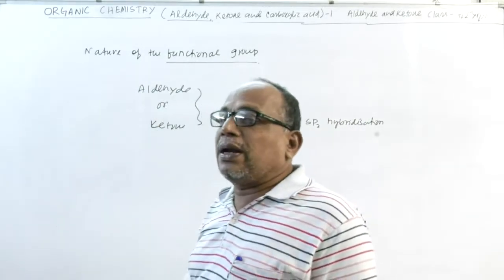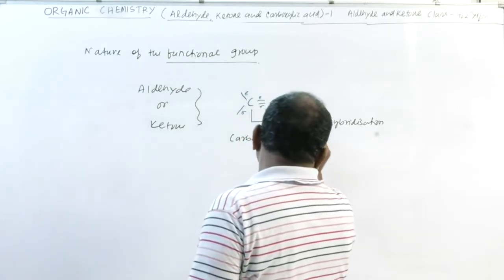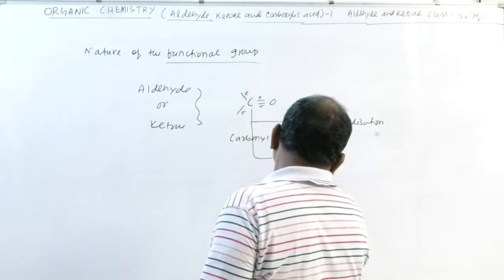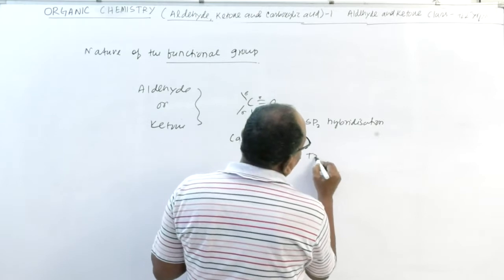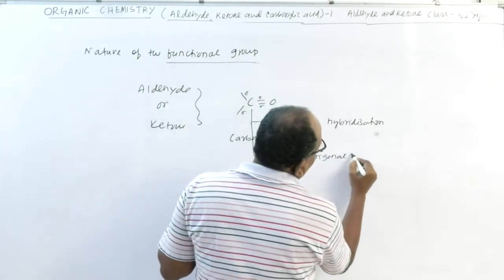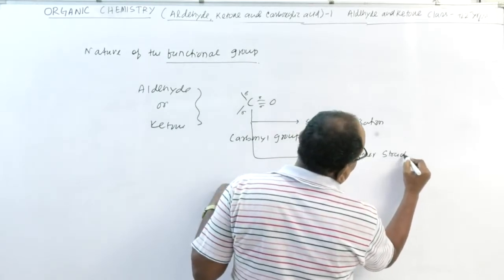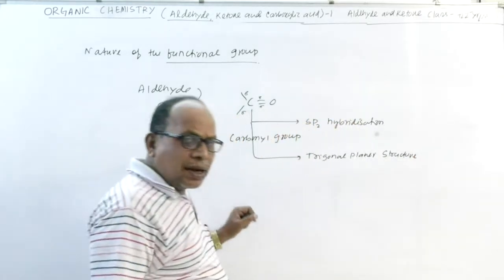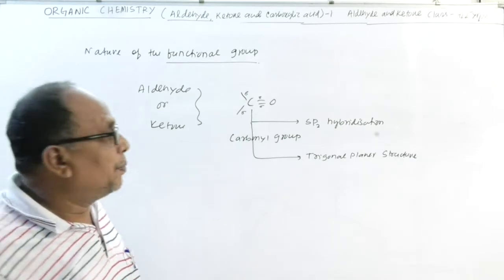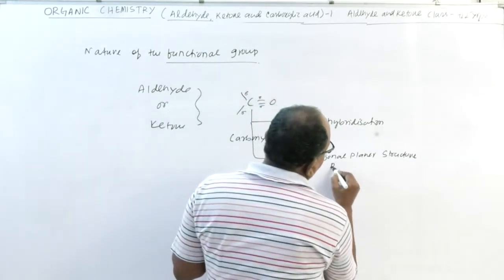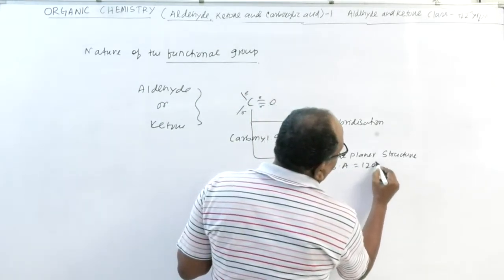If the carbon atom undergoes sp2 hybridization, it has a structure called trigonal planar structure. If it is trigonal planar structure, the bond angle should be 120 degree.